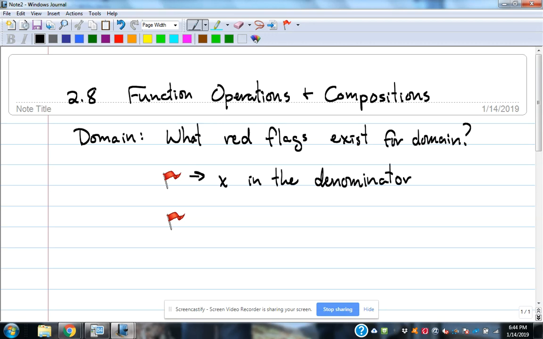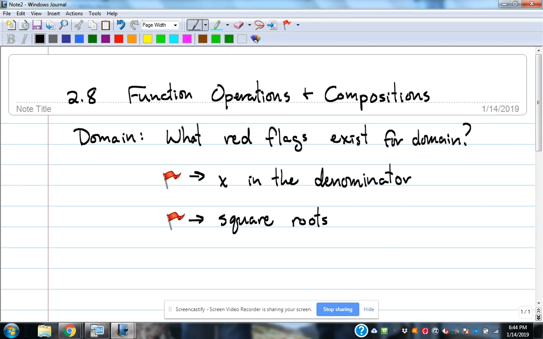Does anybody remember the other red flag? Square roots in the problem. Okay? If we take the square root, what kind of numbers can we take the square root of and it not get messy?